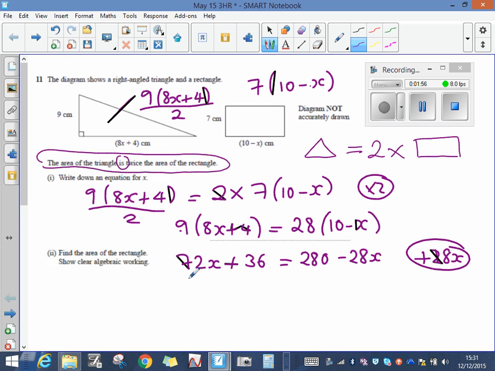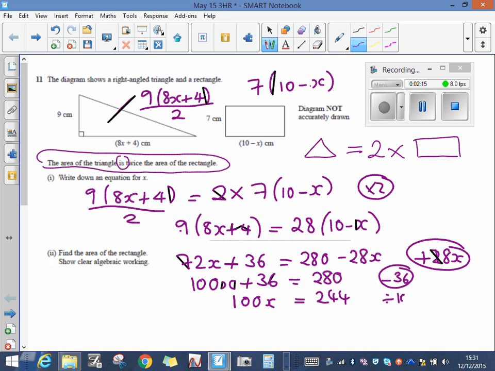So if I add 28x to this side, I'm going to have 100x + 36, and if I add 28x to this side, I've just got the 280. If I now subtract 36 from both sides, I've got the fact that 100x is equal to 244, and if I divide both sides by 100, that means that x is going to equal 2.44.